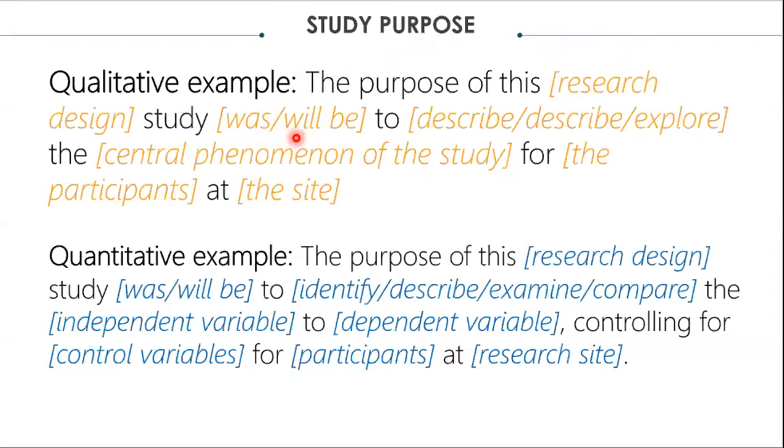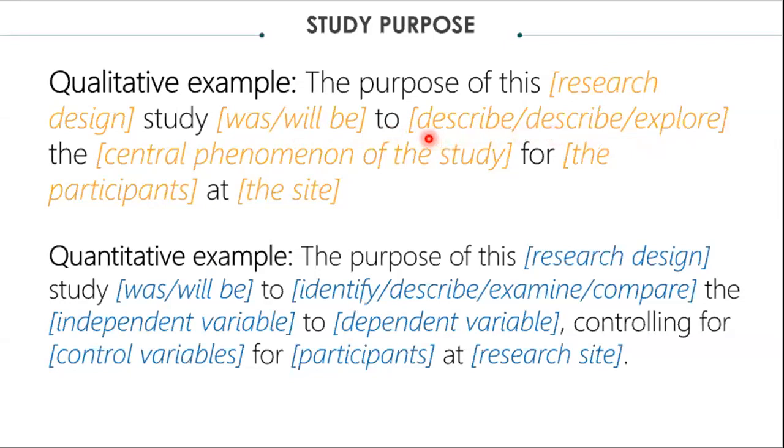And then you want to say what exactly you're studying, and you'll want to encode that study with specific language related to your research design. In qualitative research, each of the designs carries different language. For example, if you're doing a grounded theory study, the purpose of the grounded theory study is to develop a theory.